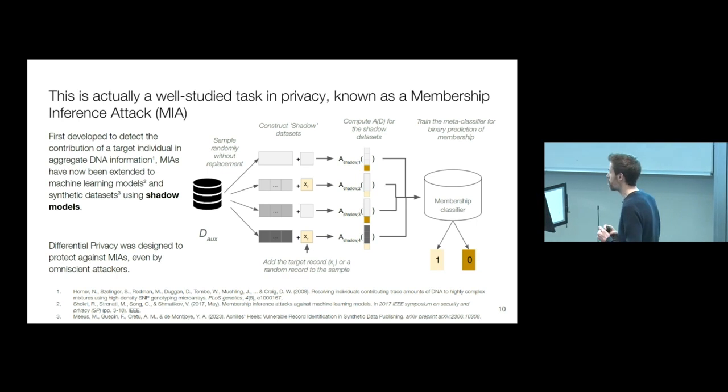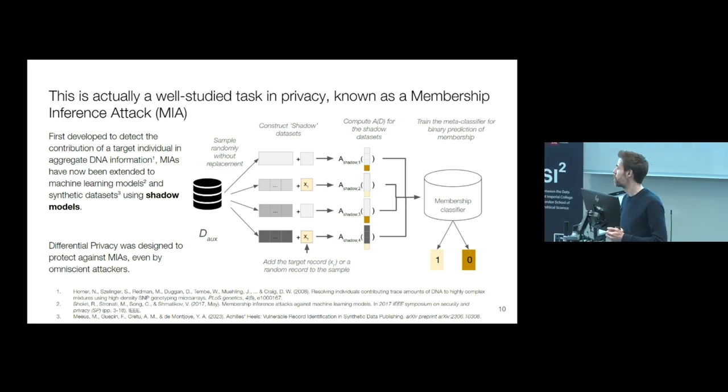Traditionally in privacy, the way we do this is something called shadow models. Shadow models are a really efficient technique in which I take a data set and sample without replacement. In half of my data sets, I will put Mark in them, and the other half, I will not put Mark in them. I'm going to train hundreds of models.